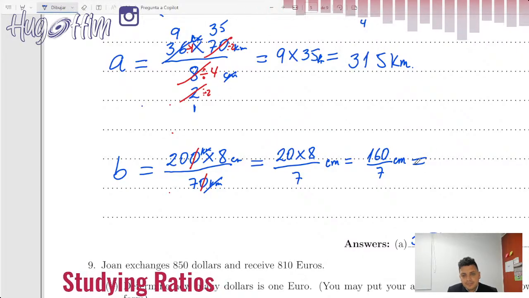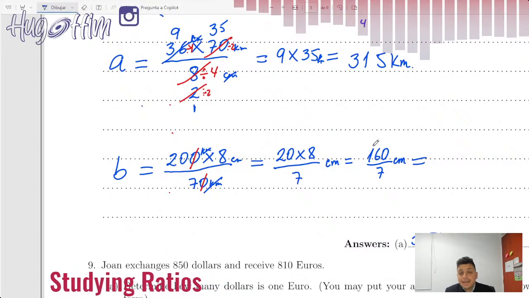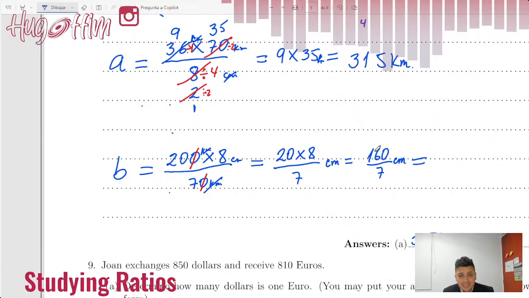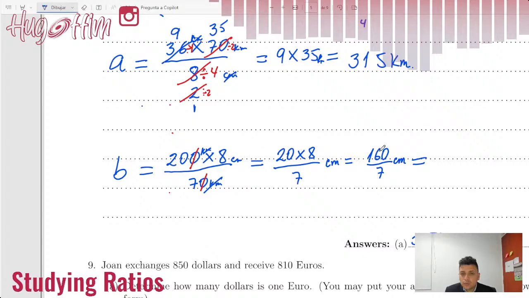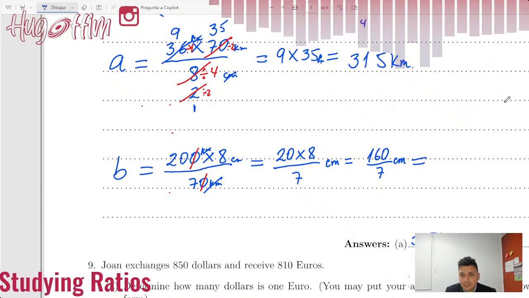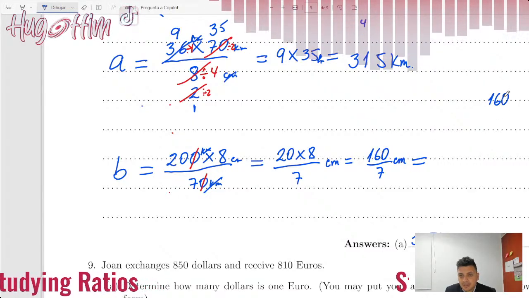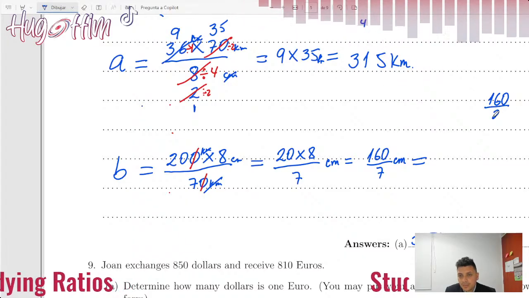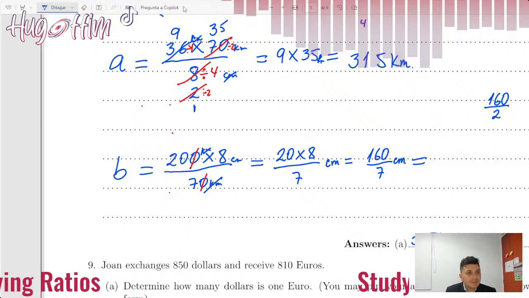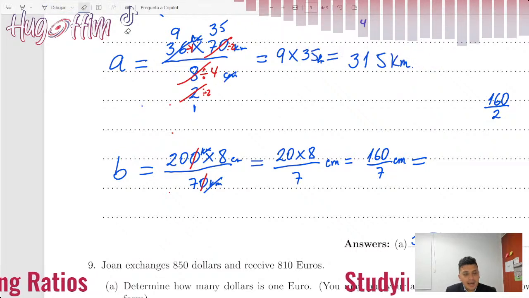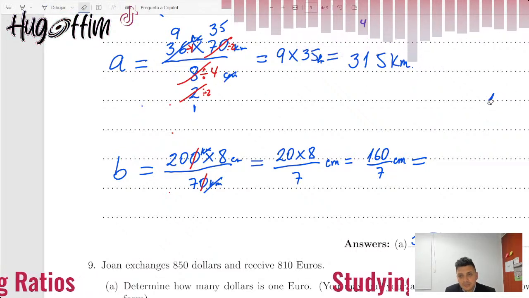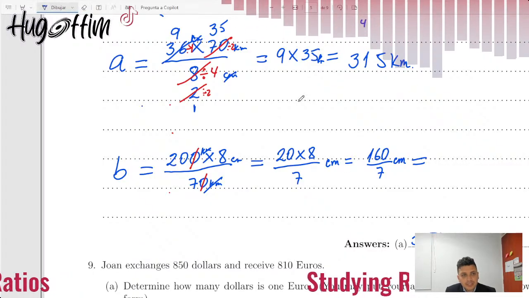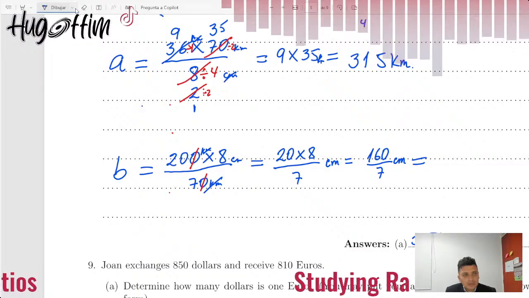Or I'm going to convert this into a mixed number. So you can divide into a mixed number. If I divide 160 by 7, I don't know if you remember that I did a video explaining how I divide these fractions. I just do the same long division.